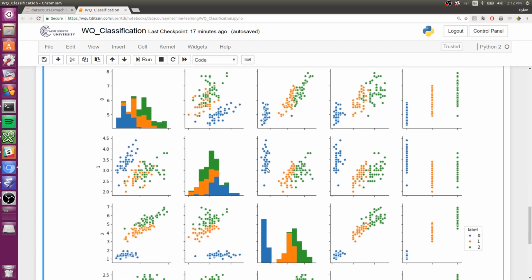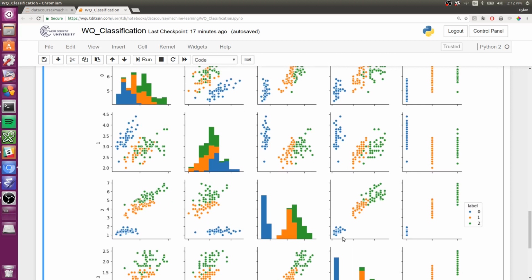So always this kind of cluster that sits off by itself is label 0. And then we have this larger cluster that has 2 species in it, but they're largely separated. Not always. Here they're pretty mixed together, but here they're largely separated. Here they're pretty separated. Here they're pretty separated.